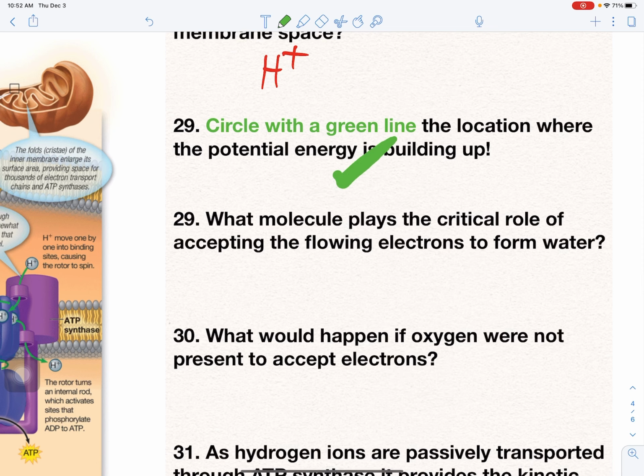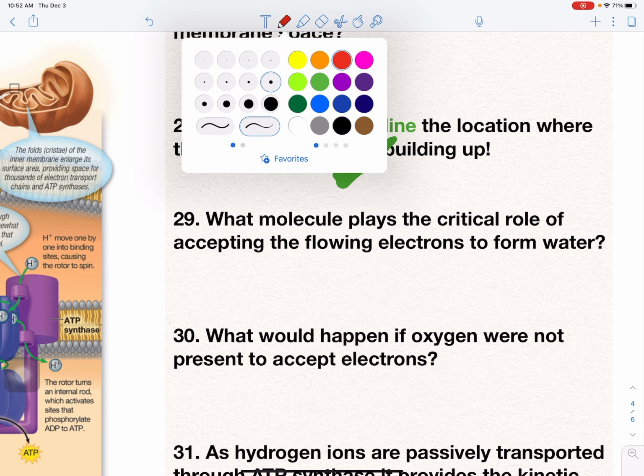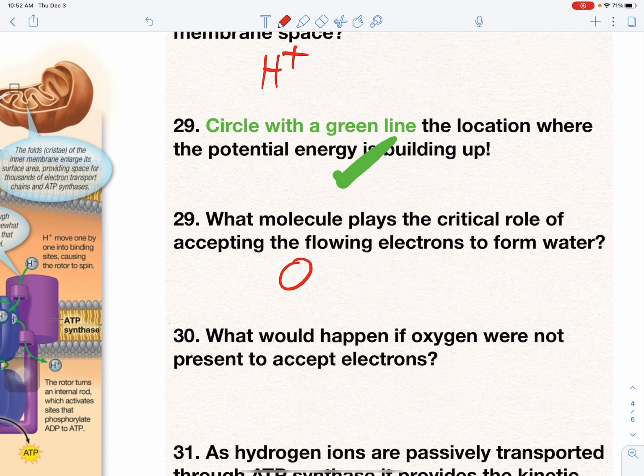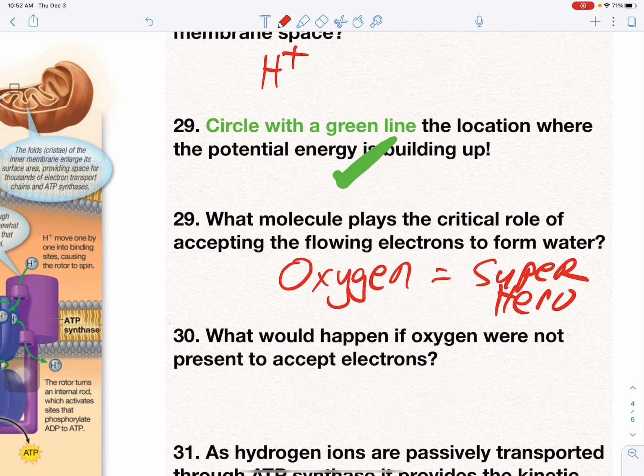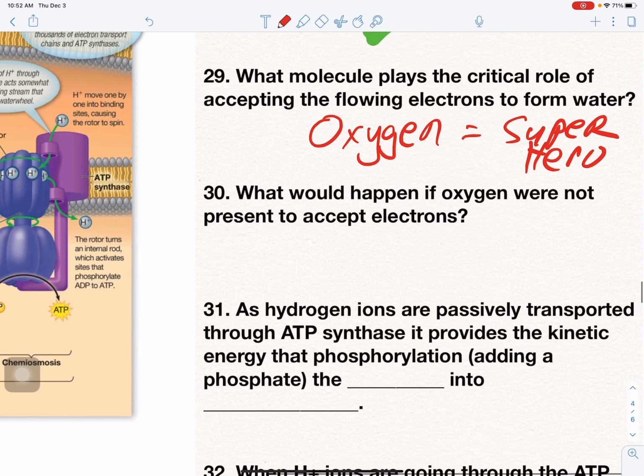We accomplished that. What molecule plays a crucial role? Oxygen. It's a superhero. What would happen if oxygen were not present to accept these electrons?